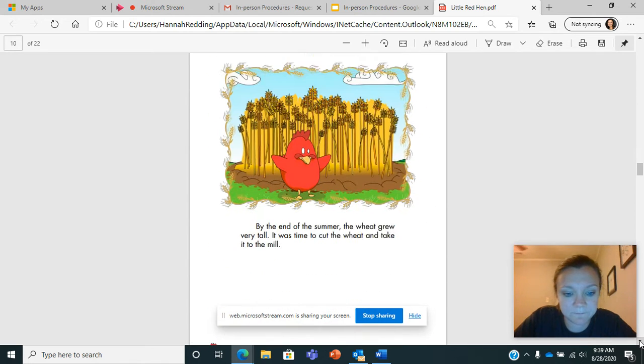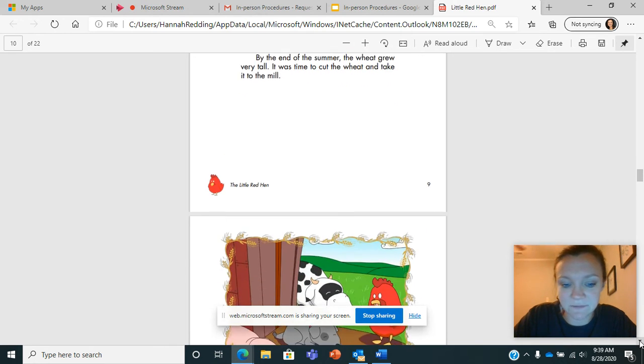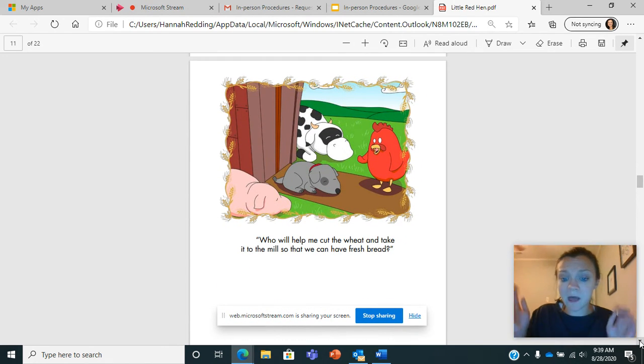Let's keep reading. By the end of the summer, the wheat grew very tall. It was time to cut the wheat and take it to the mill. The mill is where they make bread. Who will help me cut the wheat and take it to the mill so that we can have fresh bread?